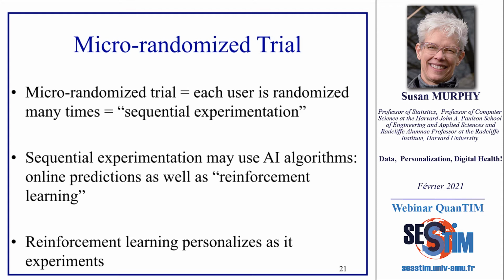Now, the randomization probability in the first HeartStep study, the 42-day study, was 0.6. With probability 0.6, the individual would receive a suggestion. However, one could use an AI algorithm, in particular a reinforcement learning algorithm, to personalize that probability.